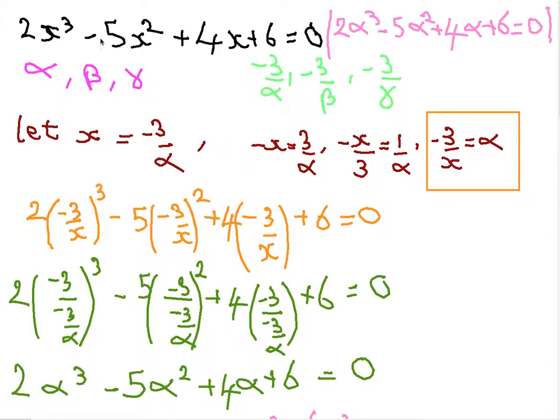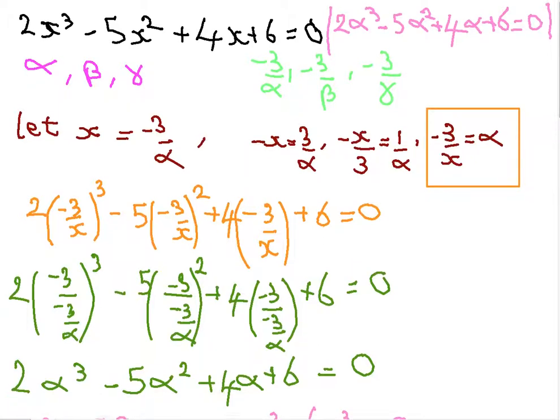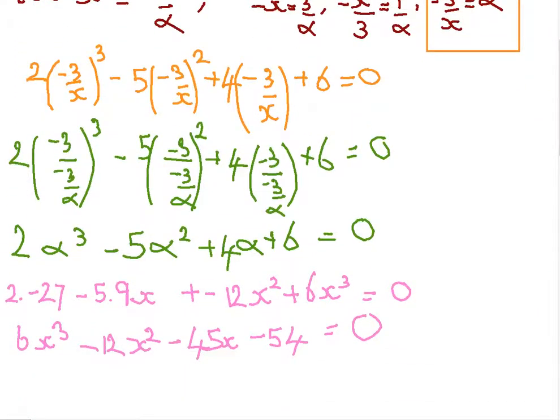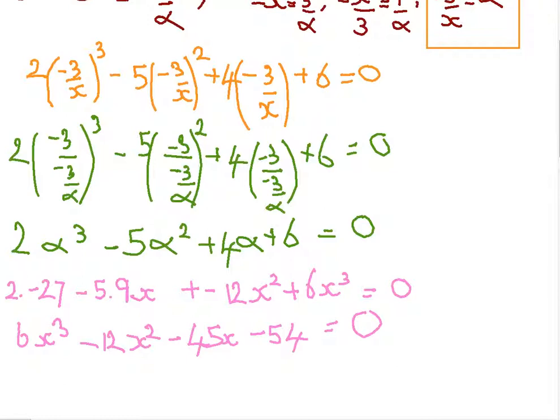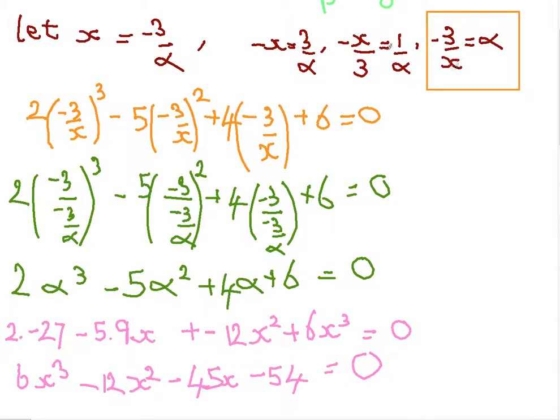Substitute minus 3 over x for every occurrence of x in this equation, which is what we've done here. Simplify this, and you'll get the new equation, 6x cubed minus 12x squared minus 45x minus 54, and this will have roots minus 3 over gamma, minus 3 over beta, minus 3 over alpha.